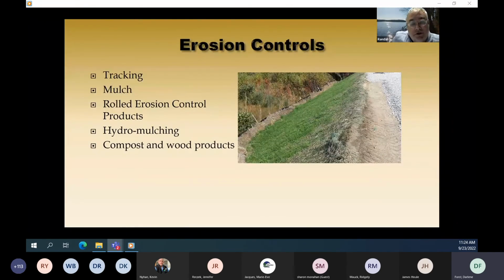I want to jump into erosion controls real quick and look at the different methods and some of the more common methods that we're using for erosion control. One I want to talk about that's not getting used a lot and maybe should be used more when we're working on construction sites is tracking, making sure that we're getting the bulldozer running up and down the slope and getting good cleat marks in the slope.